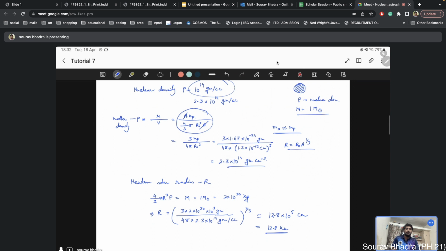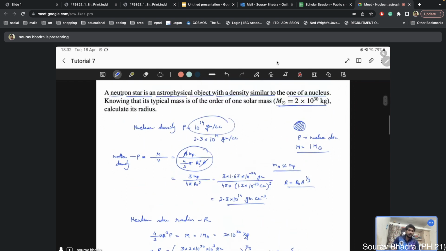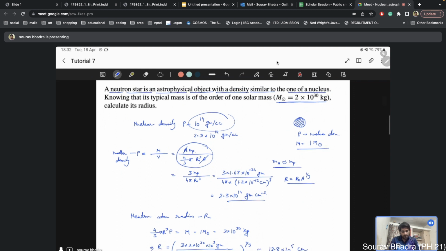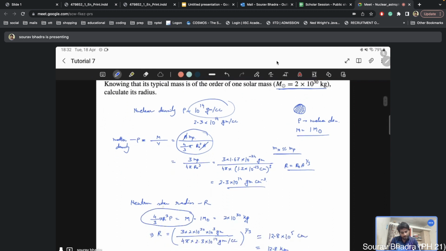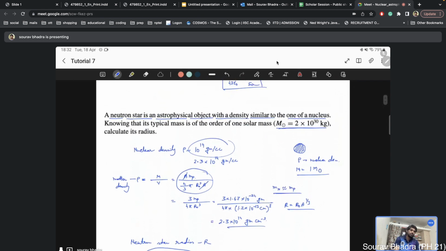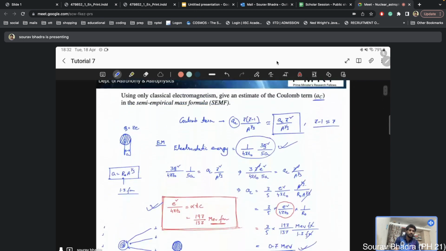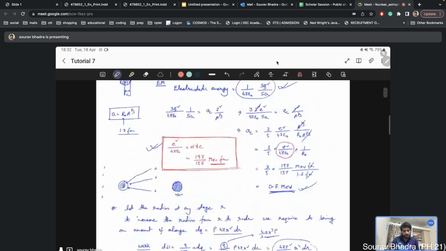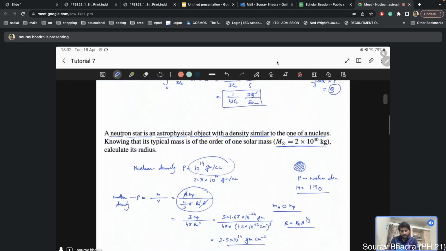You will find that a typical radius of a white dwarf is also 10 to 20 kilometers. So these two are consistent. This is a very simple problem. You just have to calculate R from the equation 4/3 pi r cube rho equals mass. So this is done. The first two problems we have already covered, the Coulombic term problem and this neutron star radius.